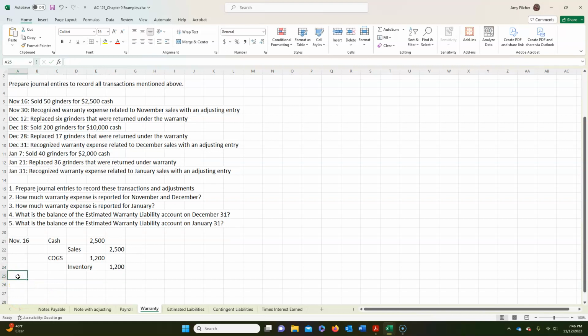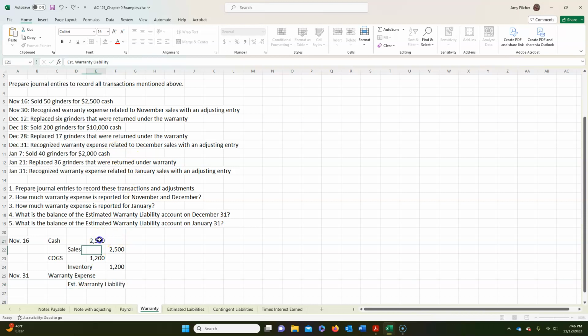Then on November 30th, we're going to record warranty expense for November with an adjusting entry. So we're going to record a warranty expense of $250 because that's 10% of sales. So we have November 30th. We make an adjusting entry. So we have warranty expense, and then we have estimated warranty liability.